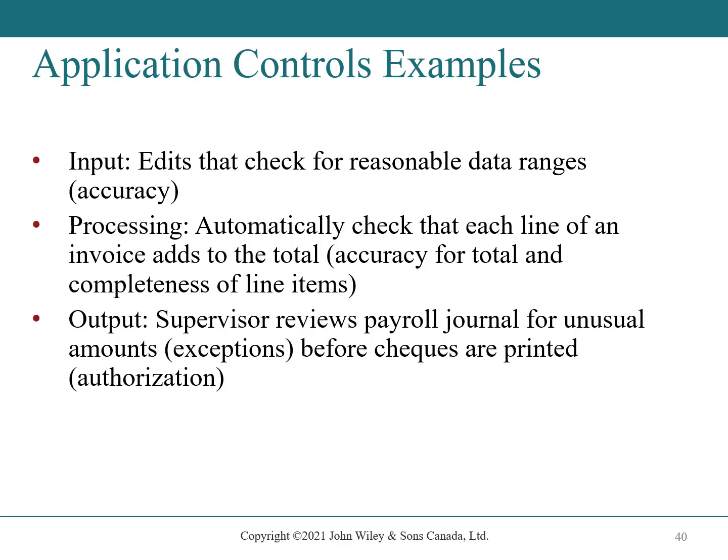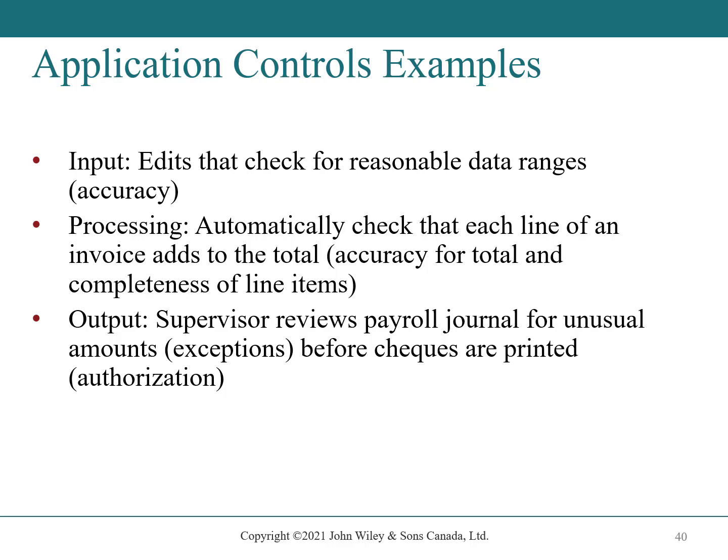Processing. Automatically check that each line of an invoice adds to the total. This type would make sure of the accuracy for the total and the completeness of line items. So you just make sure that as you're entering an invoice, all the elements on the invoice add together.